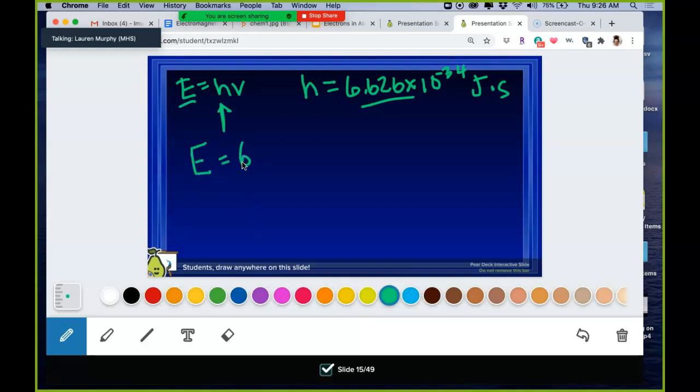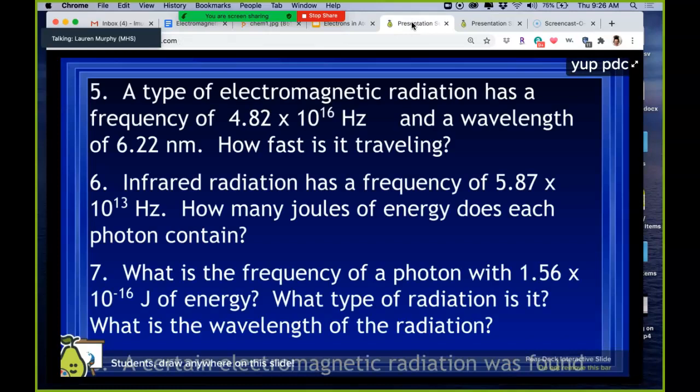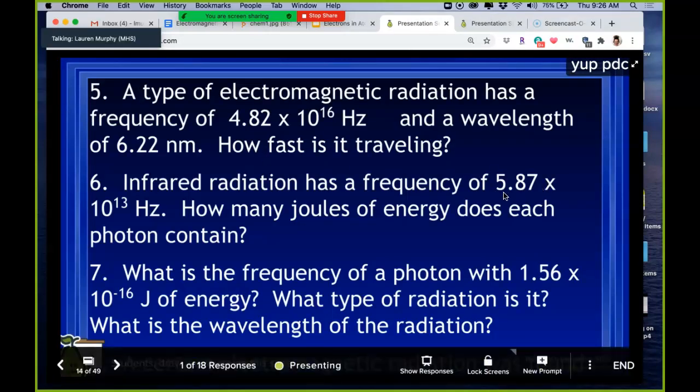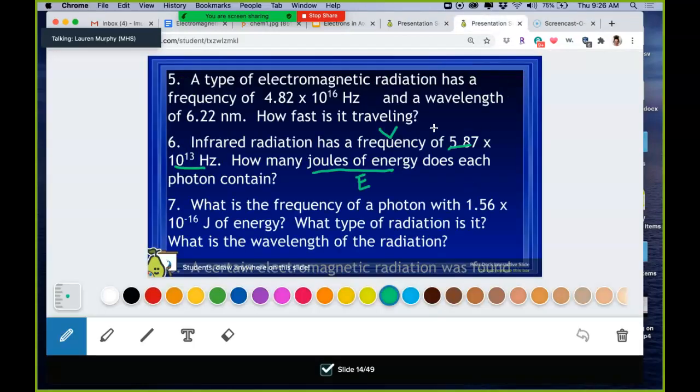So h is 6.626 times 10 to the negative 34th joules times seconds. And then frequency, I have to go back to the problem. Frequency was 5.87 times 10 to the 13th hertz.